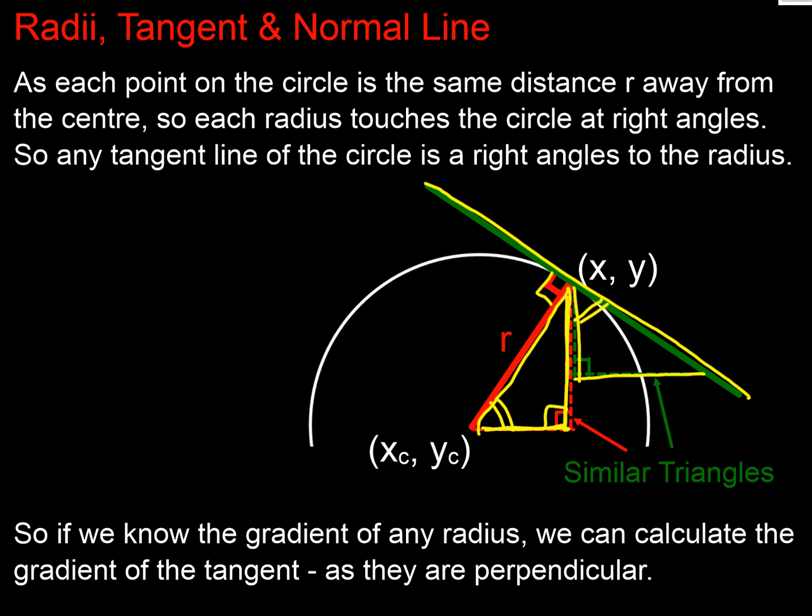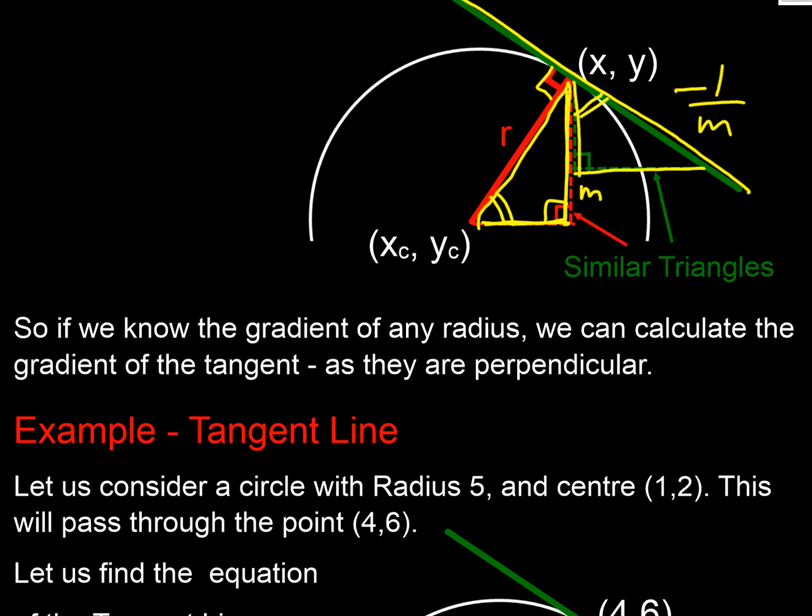And as we saw in the previous video, we can quite quickly see that if the radius has a gradient m, the tangent line must have a gradient of minus 1 over m, the negative reciprocal of m. Yeah, and that's what we're going to use.